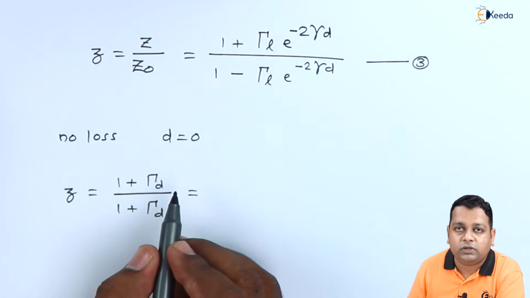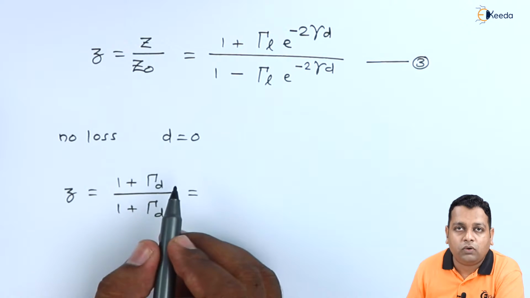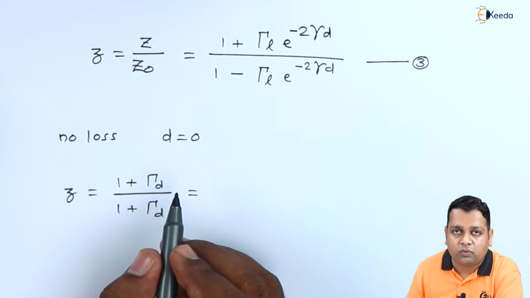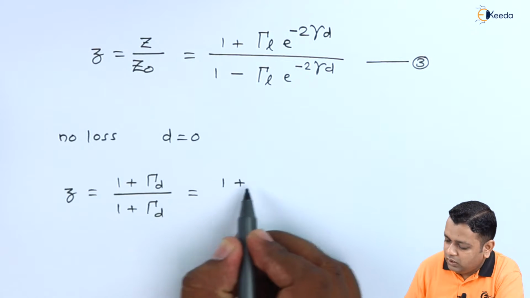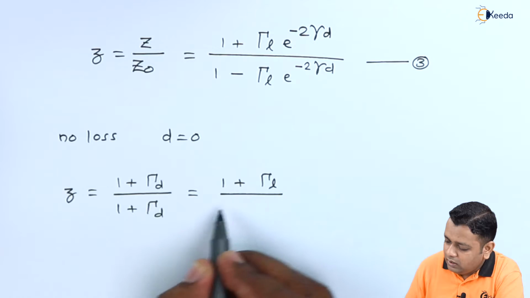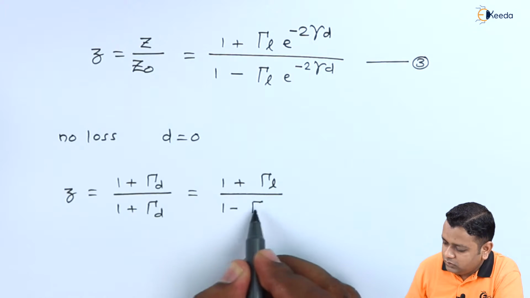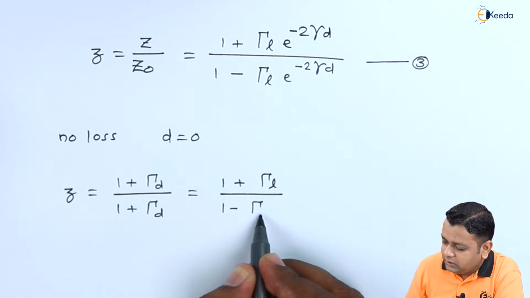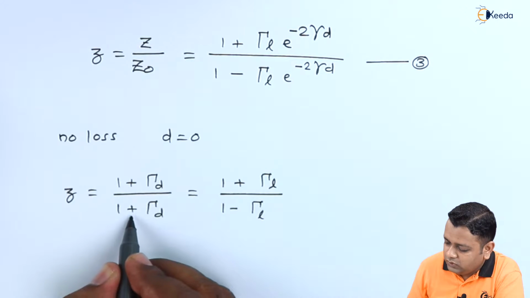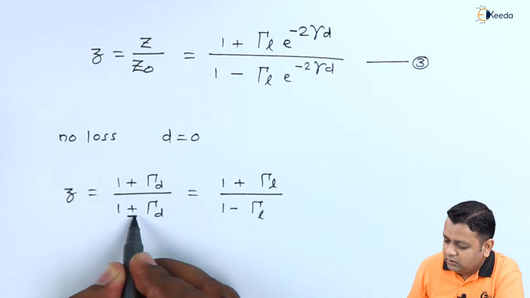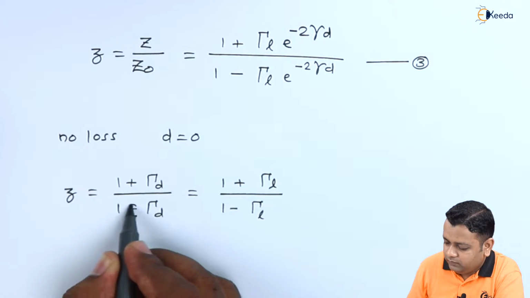As we substitute d equal to 0, we go for the entire length of the microwave transmission line. So it becomes 1 plus gamma suffix L divided by, with the negative sign in the denominator, 1 minus gamma suffix L. So here also we should prefer the negative sign instead of the positive.